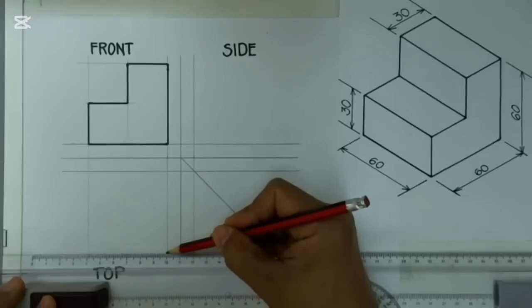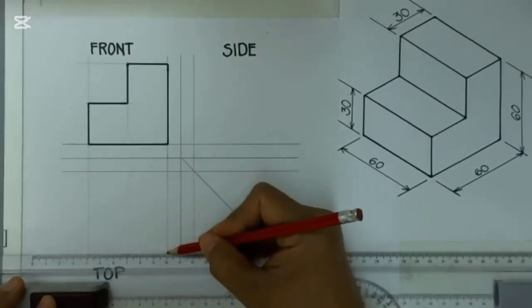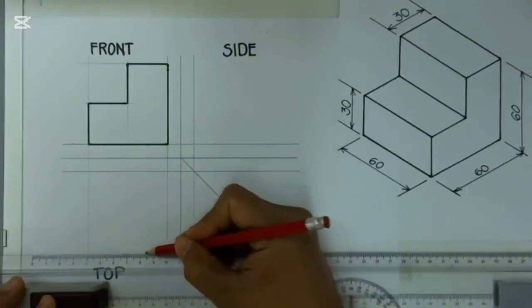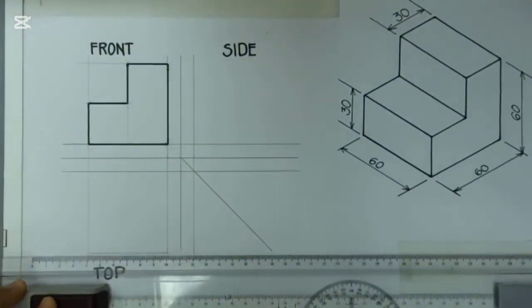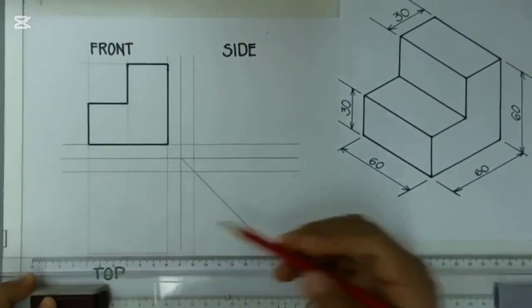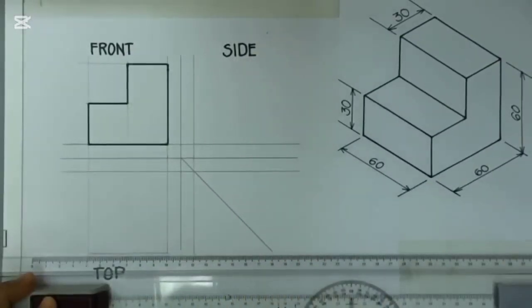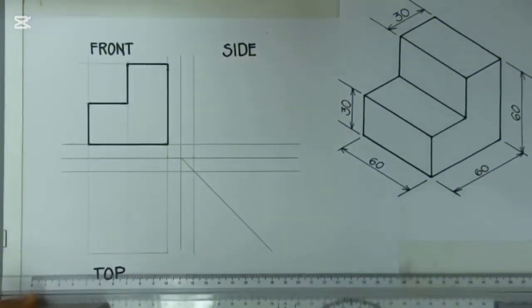So from here up to here, that is 60 millimeters, and half of it is 30 millimeters. Now our top view is already done.